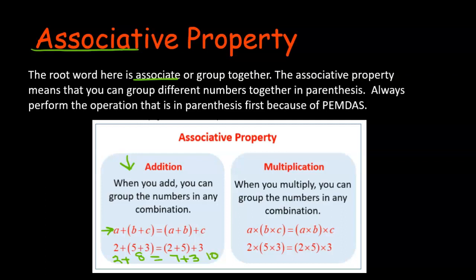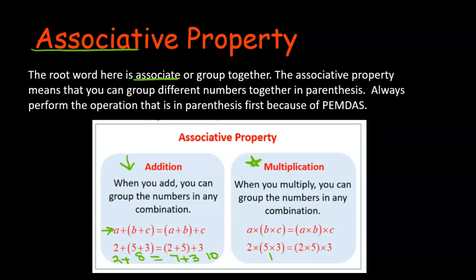It also works for multiplication. When you multiply, you can group numbers in any order, in any combination. So you can start out with A times parentheses B times C parentheses and change it. The parentheses can go around the A and the B, and then you multiply it by C. So using numbers, you do what's in parentheses first.